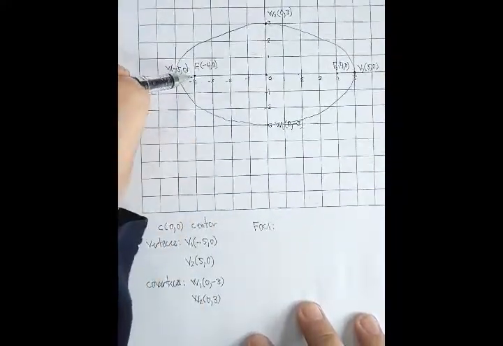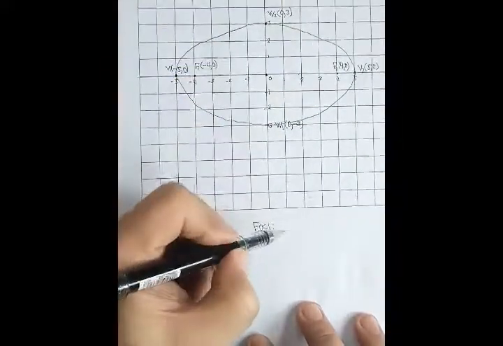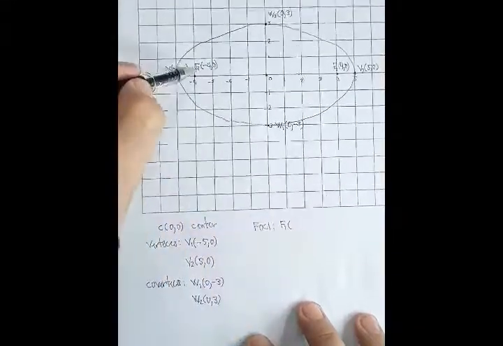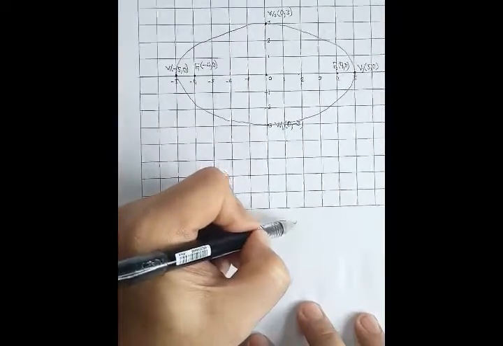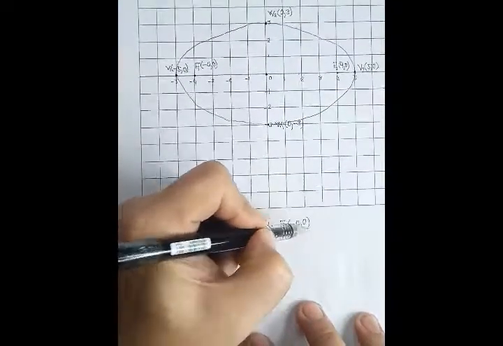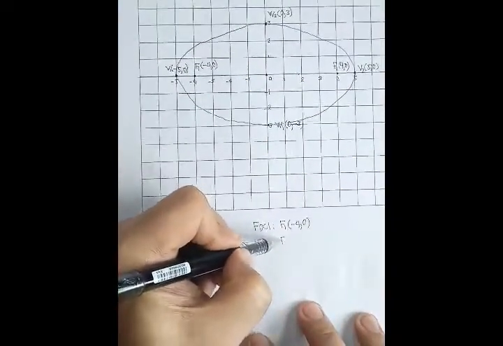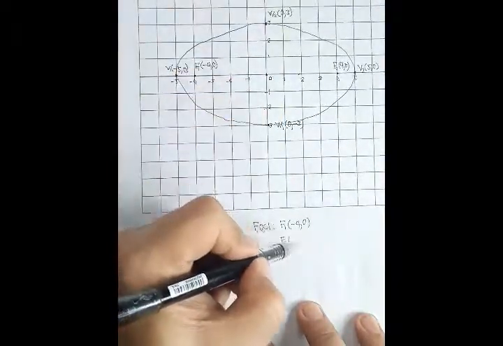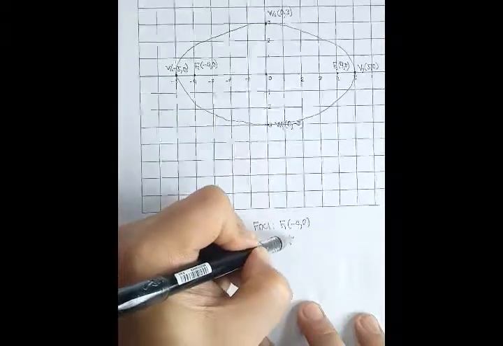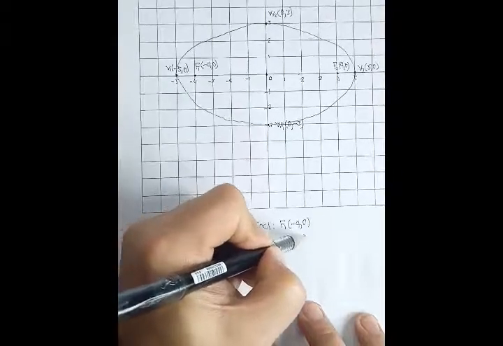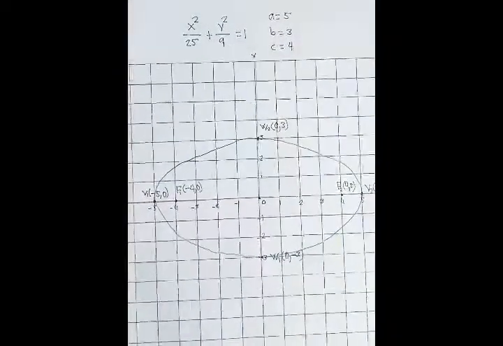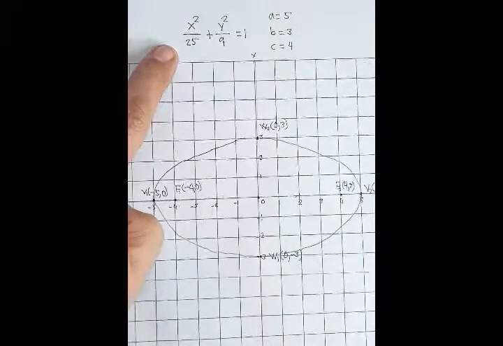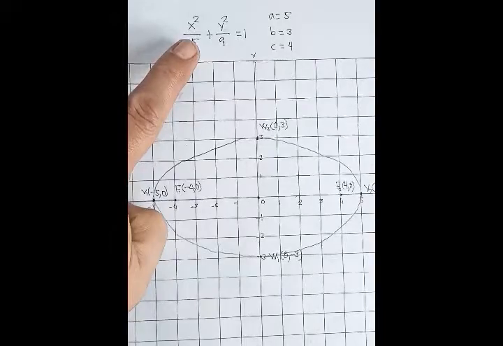The foci are F1 and F2, both. Our F1 is located at negative 4, 0. F2 is at 4, 0. Okay. So our ellipse x squared over 25 plus y squared over 9 equals 1 has this graph.